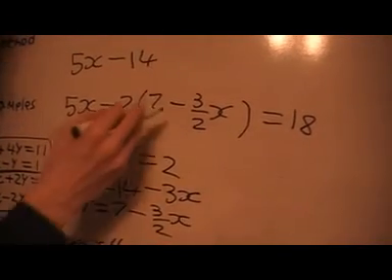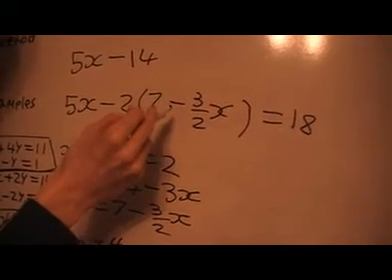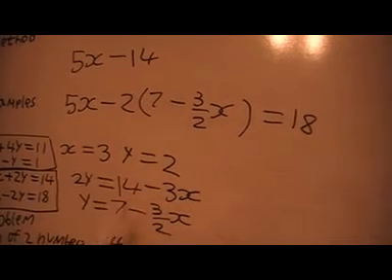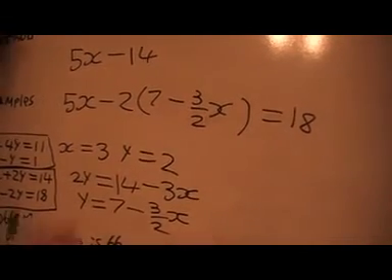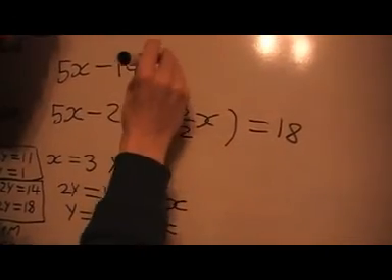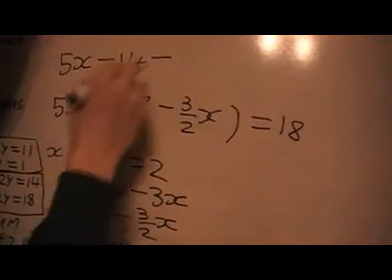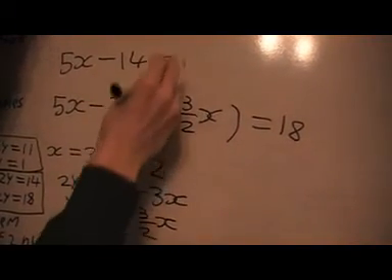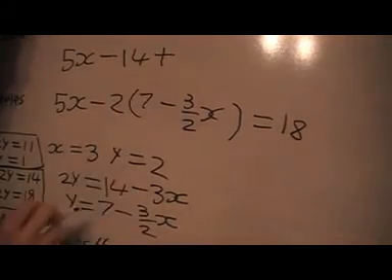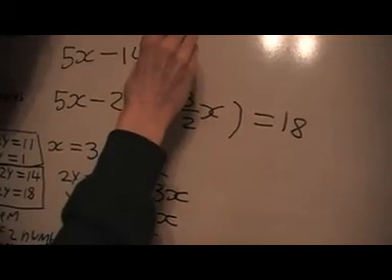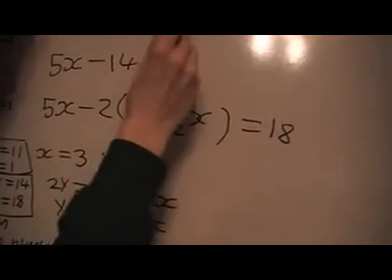Then when we multiply this here, we can get rid of our fraction, and we've got minus 2 times another minus there, so that's plus 3x.